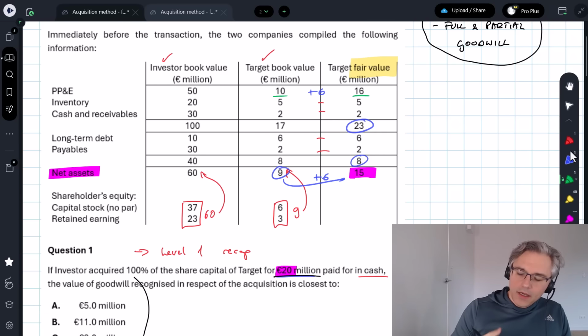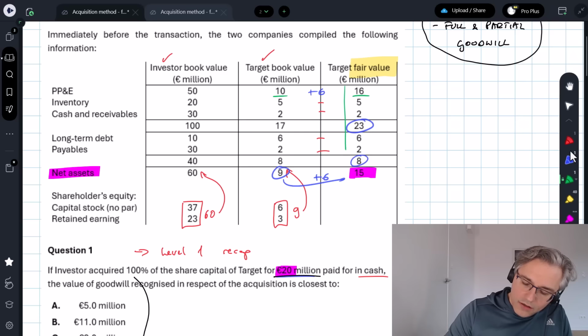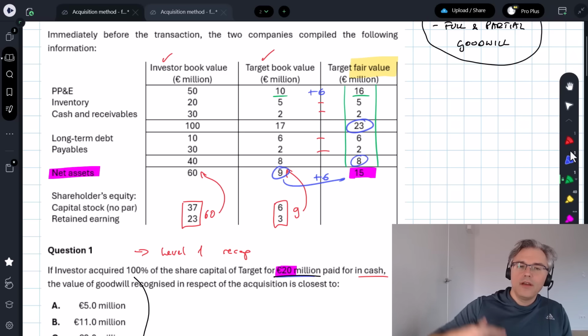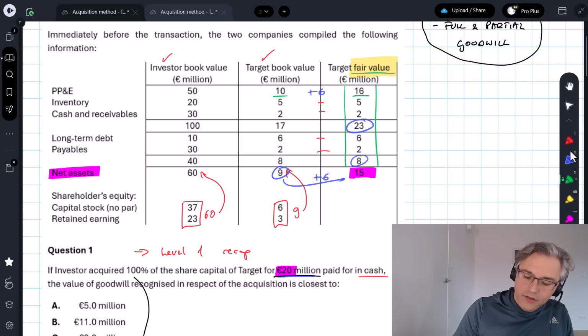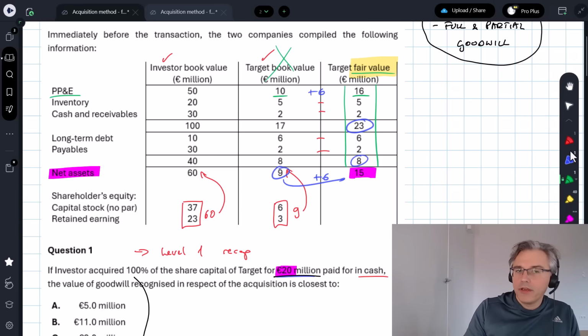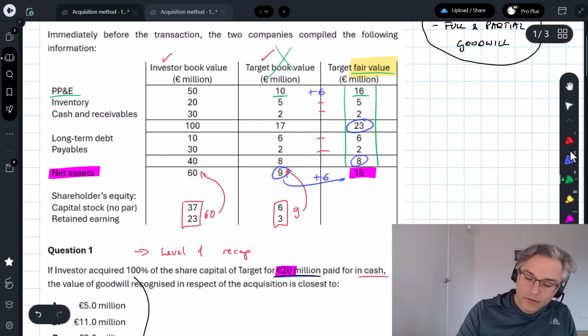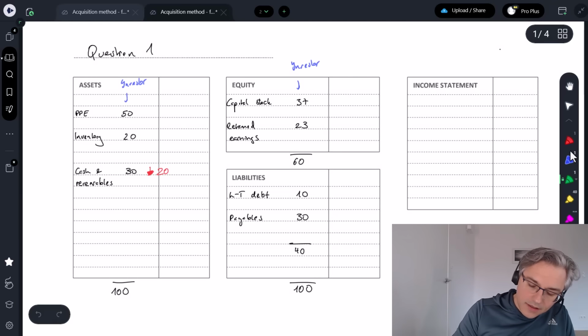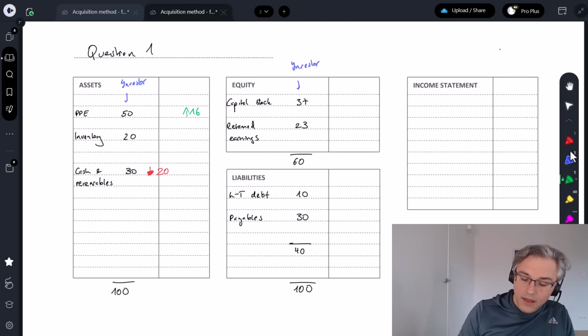The important thing is, following an acquisition, you're going to populate the balance sheet with fair values. Don't bother about book values. It's fair values that count. So when you account for the new subsidiary bringing its property, plant and equipment into the group, you're interested in that 16 million over here.